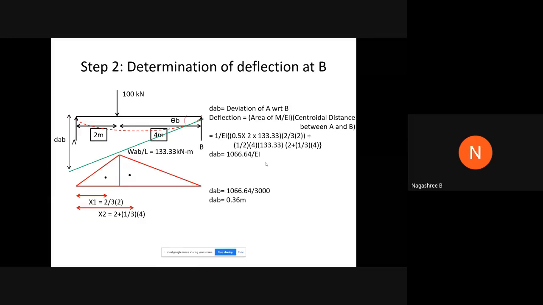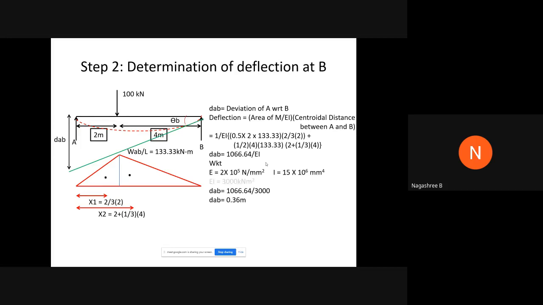Yes, ma'am. Did you get this? How did I calculate, all of you? Okay. In the question itself, they have given the value of E as 2 into 10 power 5 Newton per mm square, and the moment of inertia as 15 into 10 power 6 mm power 4. If we multiply both, we get a value, but we need to convert it into kilonewton meter square, because the deviation we have got is in terms of kilonewton meter cube.